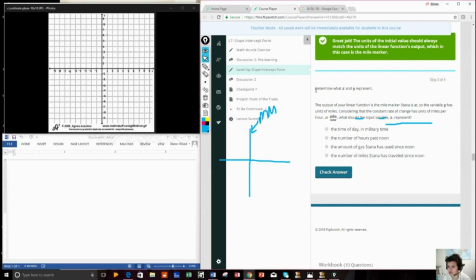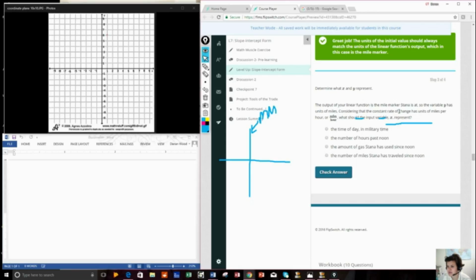Okay, determine what x and y represent. Well, we already know what y represents. It represents our mile markers. The output of your linear function is the mile marker Stana is at, so the variable y has units of miles.